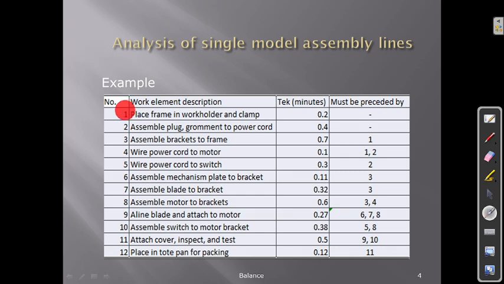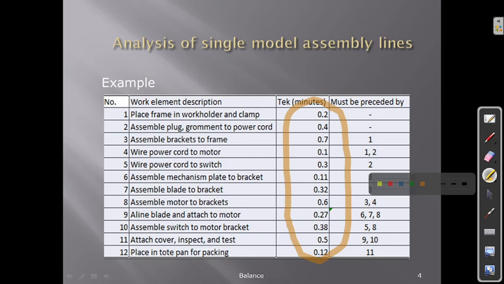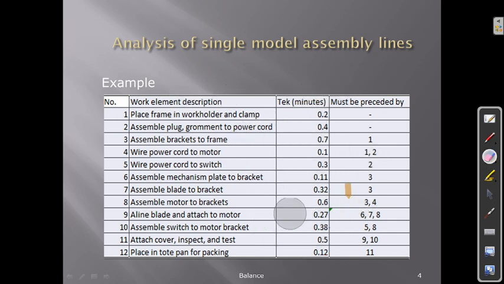If we look at the serial number, we see the TEK minutes according to each work element and its predecessor. But in the largest candidate rule, we have to rearrange these TEK minutes in descending order, which means we take the highest minutes as the first one, the next as the second one, and so on. We already saw this in the previous video.